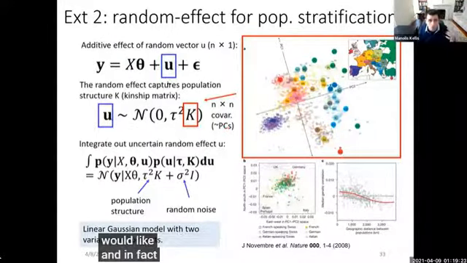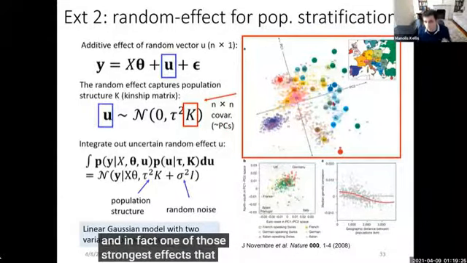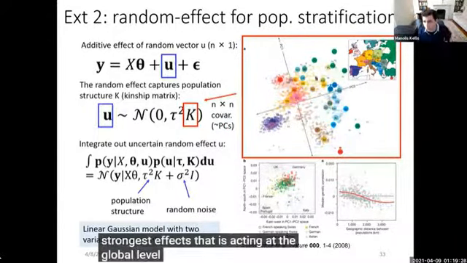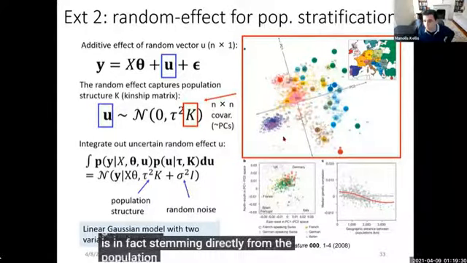And in fact, one of those strongest effects that is acting at the global level is stemming directly from the population differences.